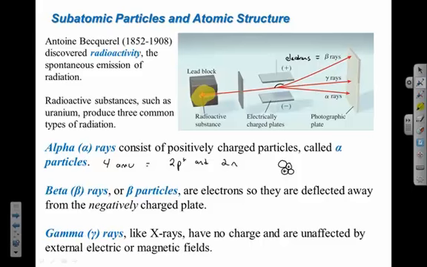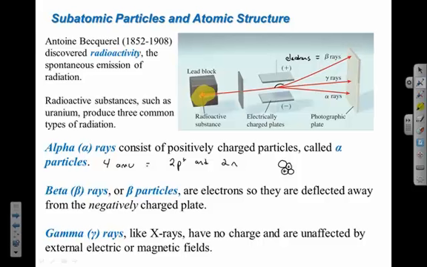Yes? The electric charged plates separate the rays, depending on which is stronger, into beta and alpha. So these charged plates are what is attracting. Since the electrons are negative, as they move through here, they feel an attraction to this positive plate that pulls them up. So instead of going straight, they get pulled up at an angle.